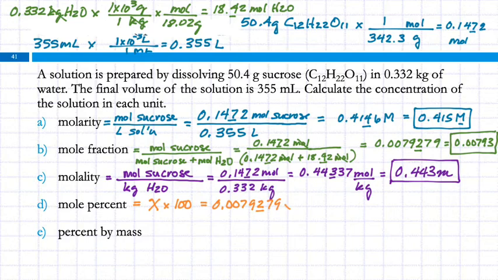So I'm going to multiply by 100, and that's going to give me percent, so 0.79279%. Or rounding for significant figures, 0.793%.